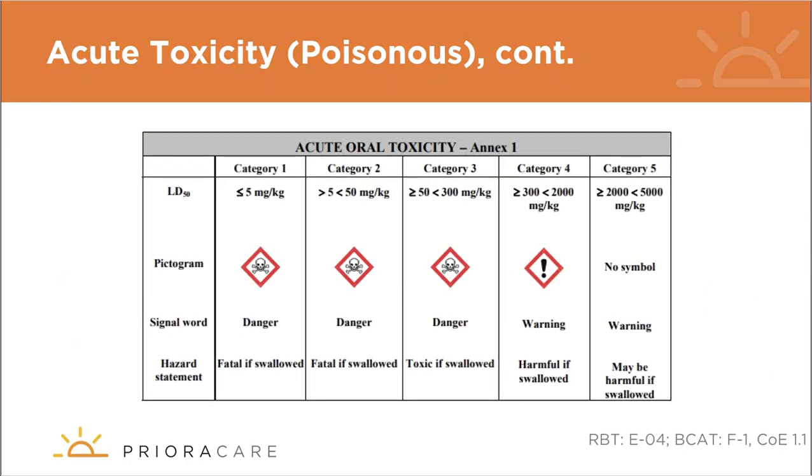Chemical agents are classified as acutely toxic based on the number of deaths that occur following brief or acute exposure. The difference in the categories is strictly the dose at which the toxicity or death occurs. Here you see the pictograms, signal word, and hazard statement for acute oral toxicity, which ranges from fatal if swallowed to may be harmful if swallowed.